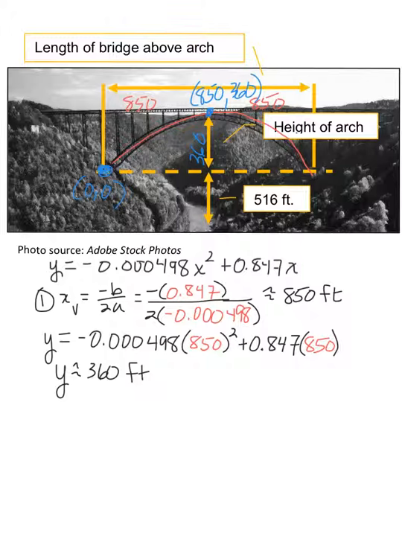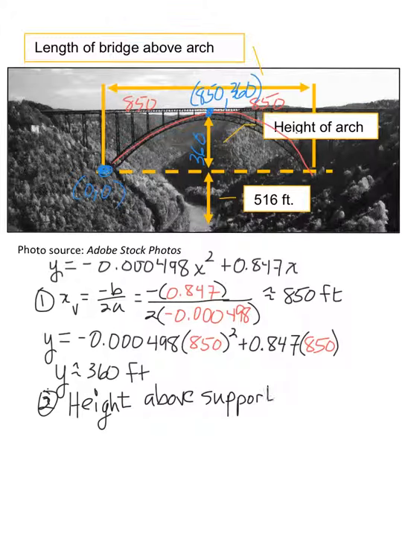So step 2, the height above the support, which means that 360 distance, the height above the support is 360 feet.